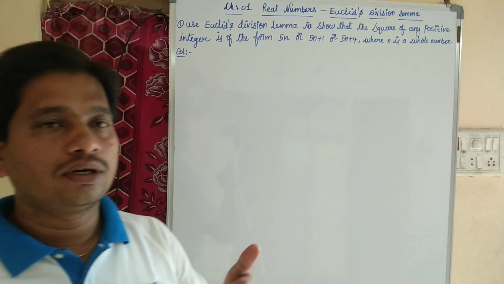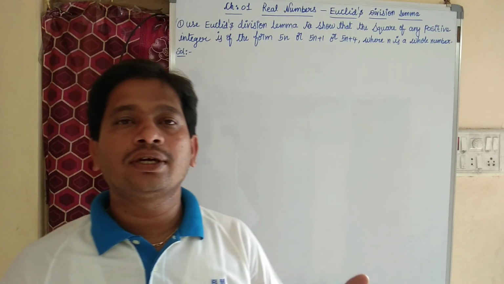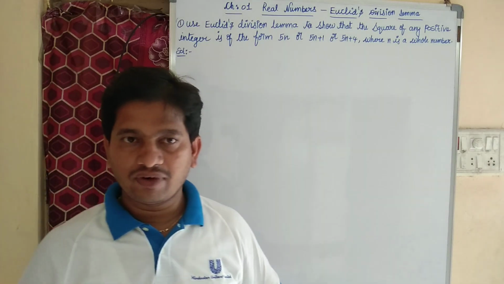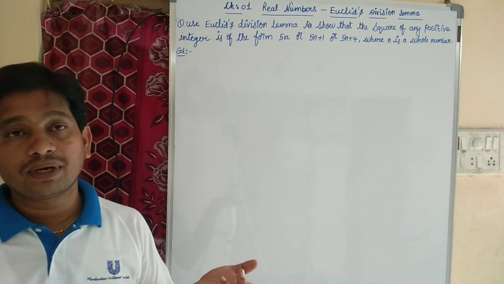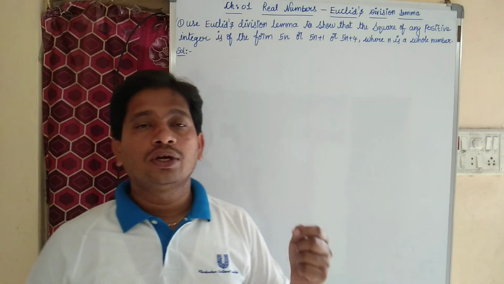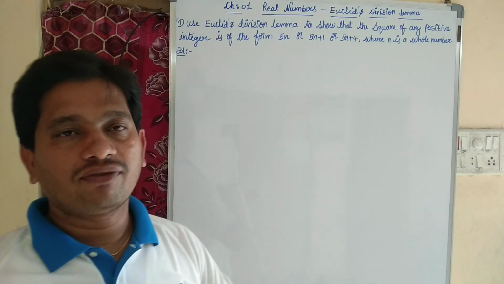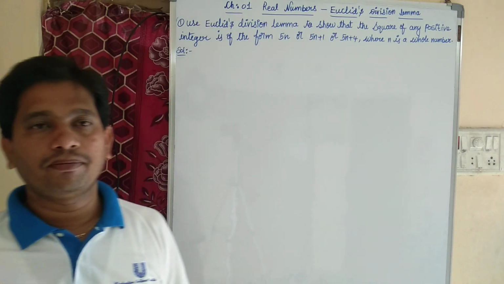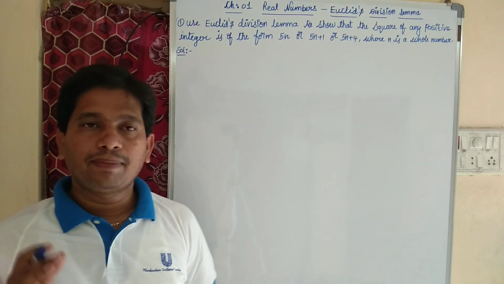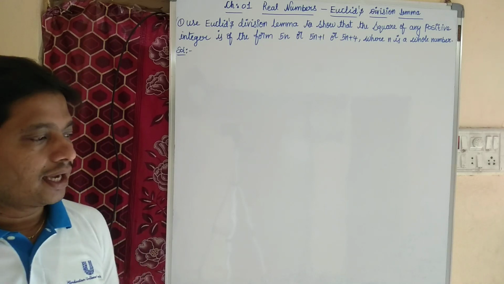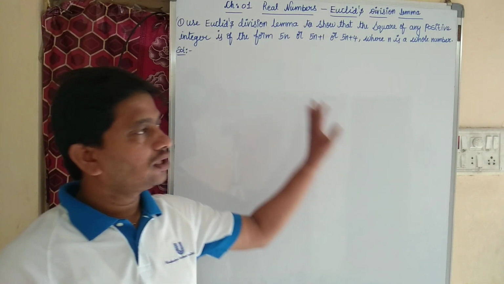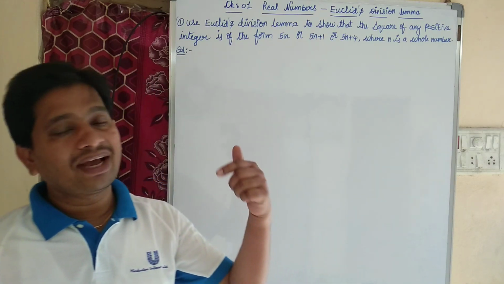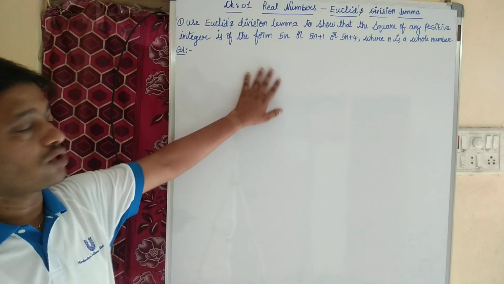One is to use EDL to show that the square of any positive integer is of the form 5m or 5m plus 1, and the second is to use EDL to show that the cube of any positive integer is of the form 9m, 9m plus 1 or 8m, 8m plus 1, etc. These types of problems are asked in the public examination, either the irrational number concept or the EDL concept. It is a choice.